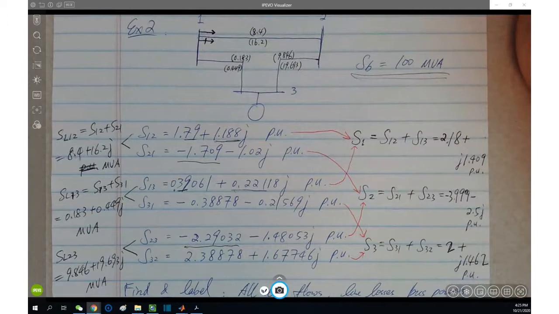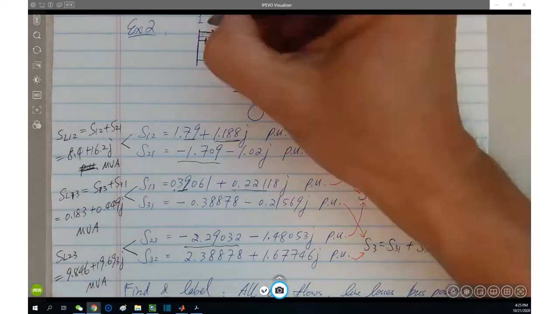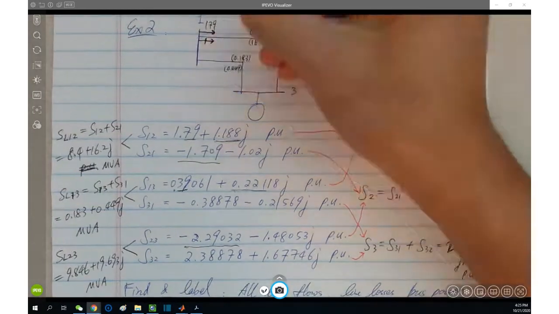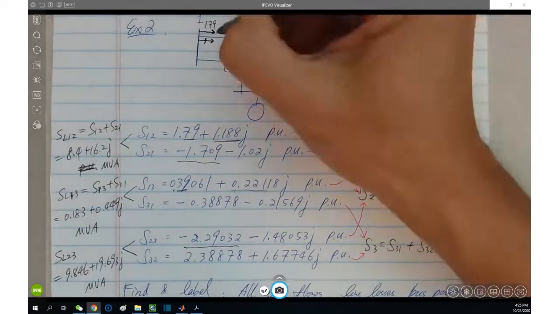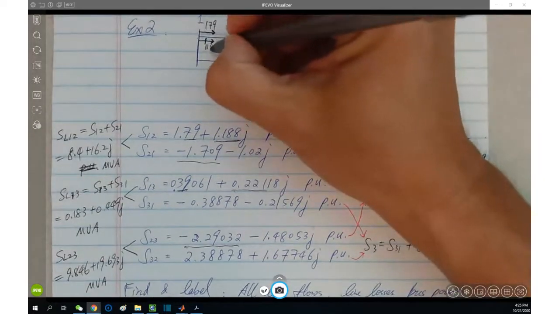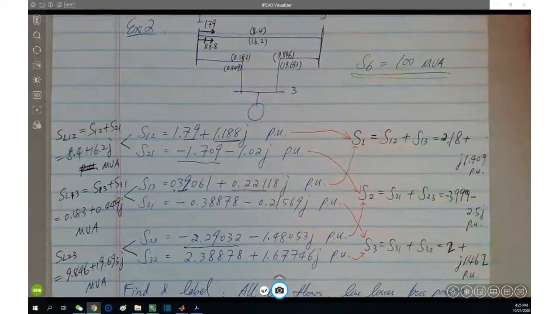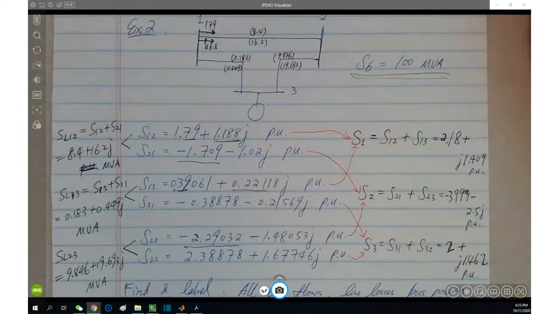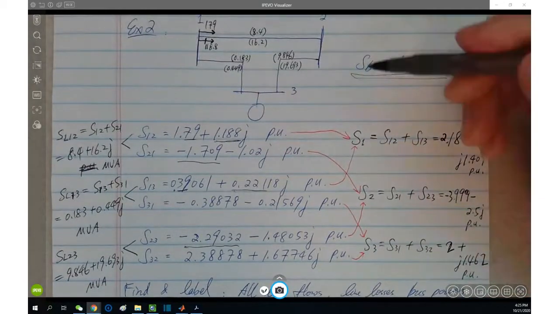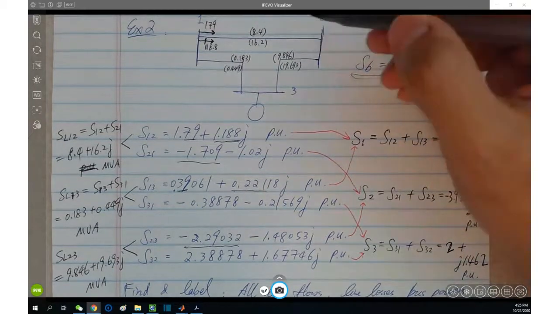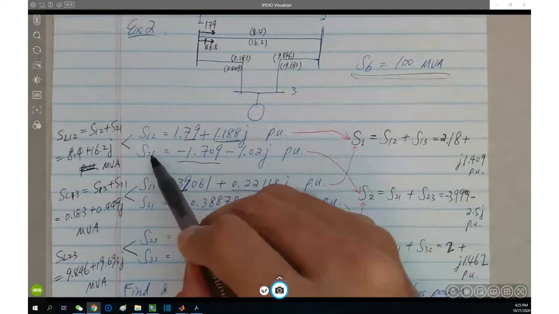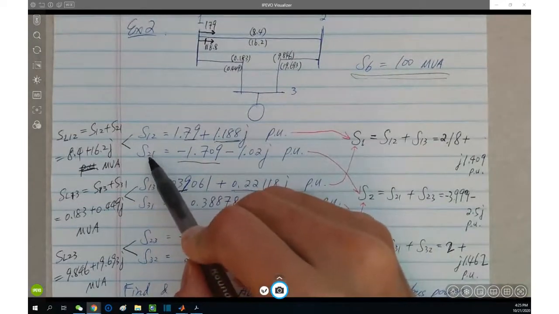So active power equals what? Don't forget the base power, 100. So it is 179, right? And the reactive power is 118.8. And then we can go ahead to label the S21. S21 location is here. 2, 1, look at the order. So it basically means from 2 towards 1.